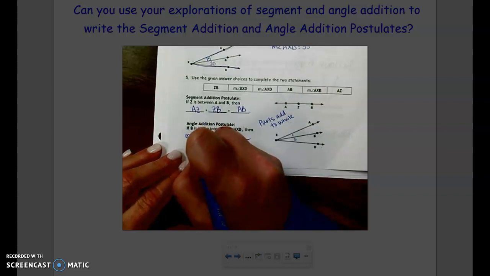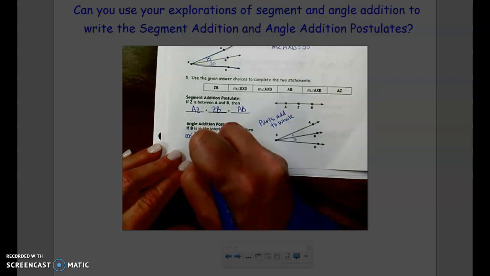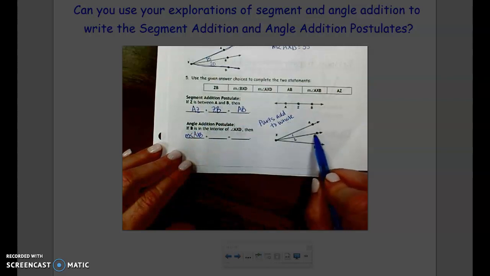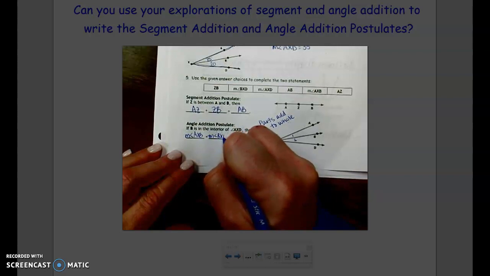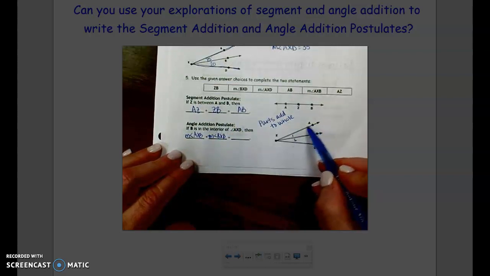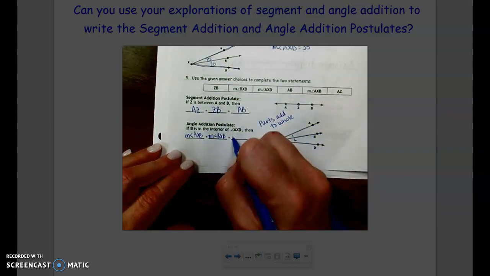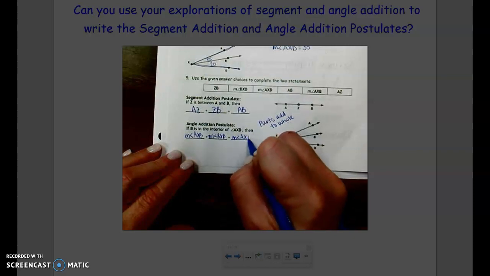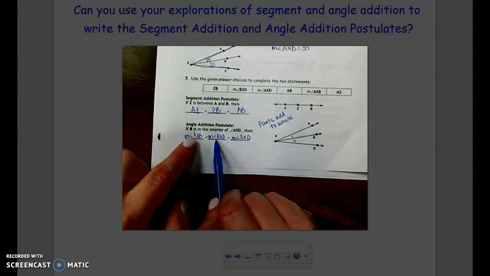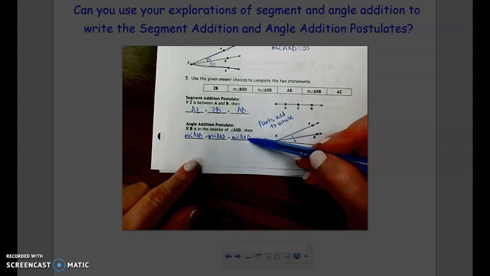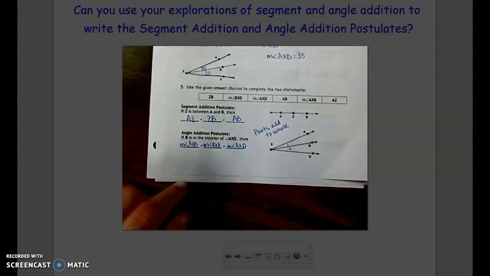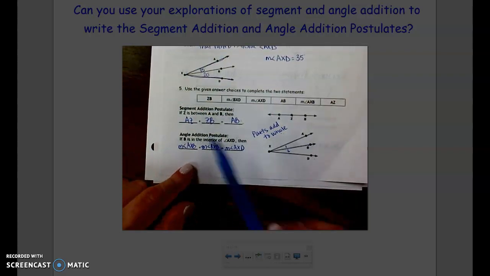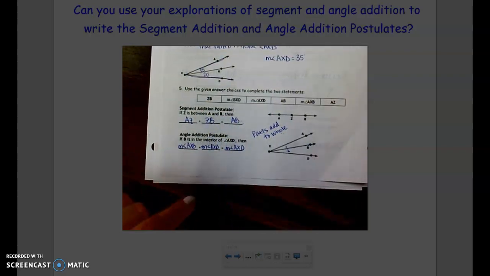The measure of angle AXB plus the measure of this angle, BXD, equals the whole thing, which is the measure of angle AXD. The parts add up to be the whole. And so, again, that creativity comes out in those mathematicians naming these postulates addition postulates. It makes sense. We're adding the parts to equal the whole.